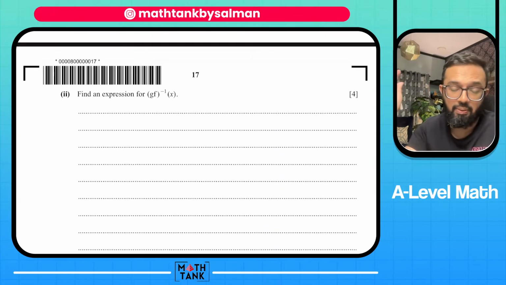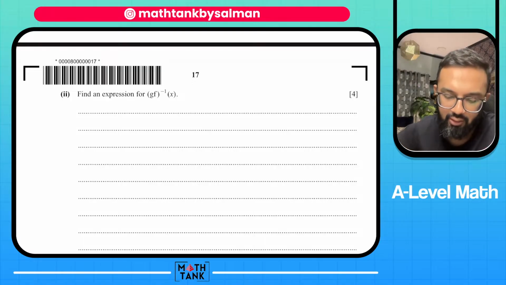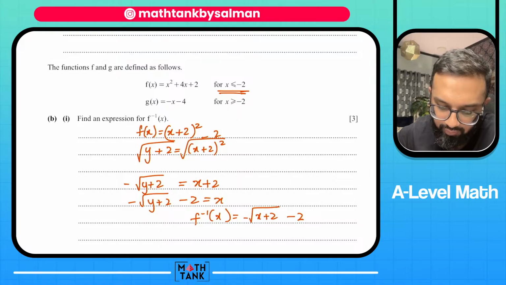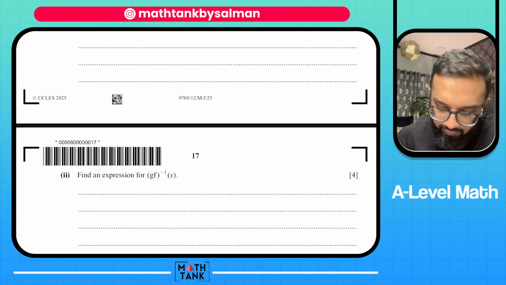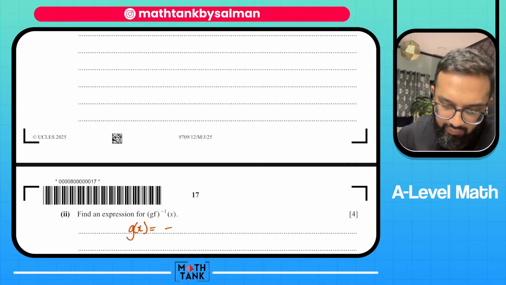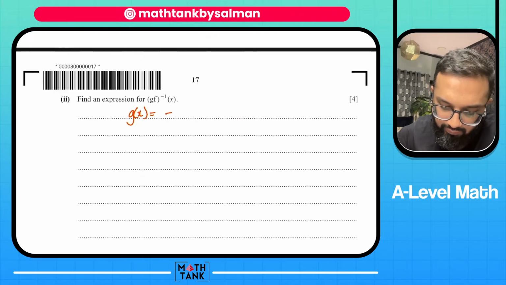This is find an expression for gf inverse. So you first find the expression for gf. G of x is minus x squared plus 4.